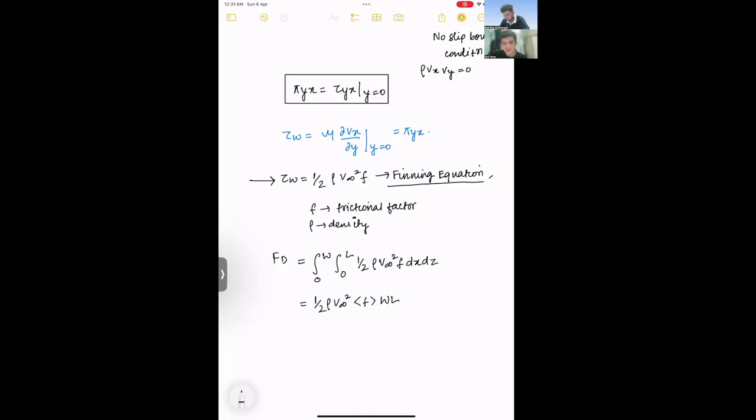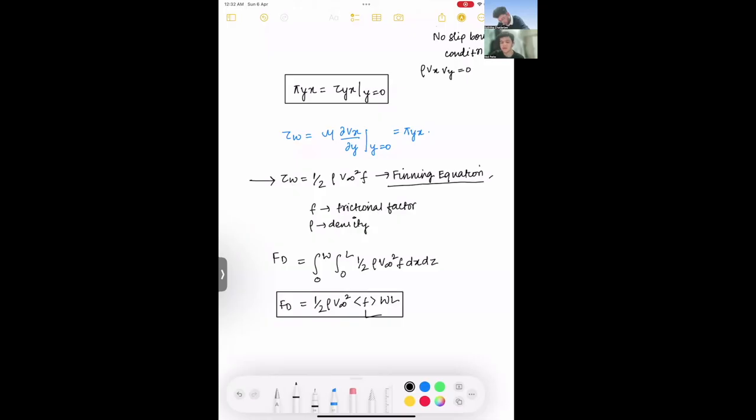Now we have the generalized Fd equation as half rho V infinity square into f into WL, where f is the average friction factor, W into L is the characteristic area, and half rho V infinity square is the characteristic kinetic energy.